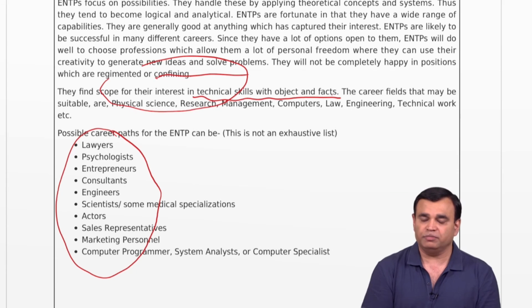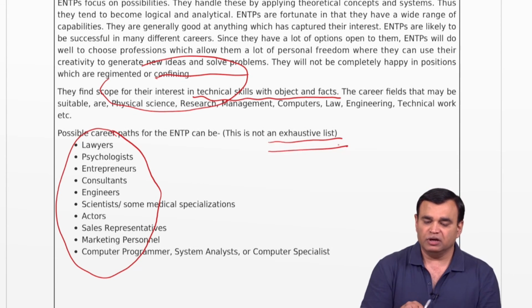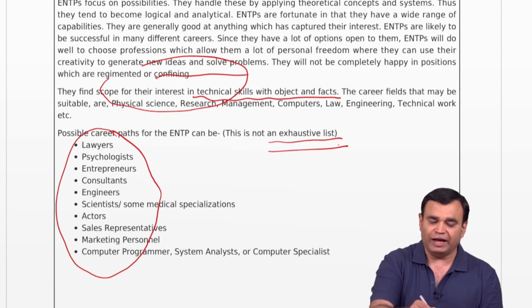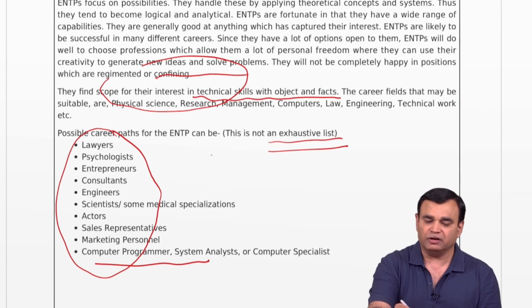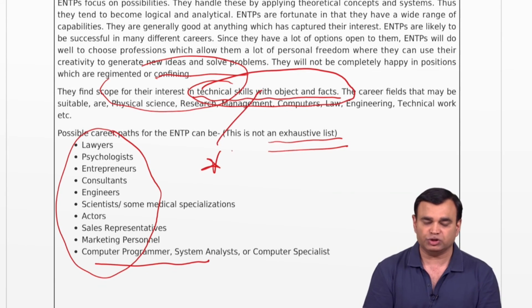And this is not in any particular order, nor is it an exhaustive list. We are not suggesting by any stretch of imagination that being a lawyer is the best suitable career for this person than a computer programmer. We are simply looking at a common thread that runs through all these professions, which is technical skills with objects and facts, the real crux of how the career selection should happen.